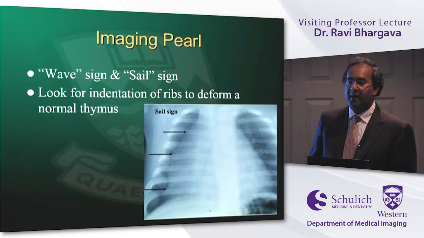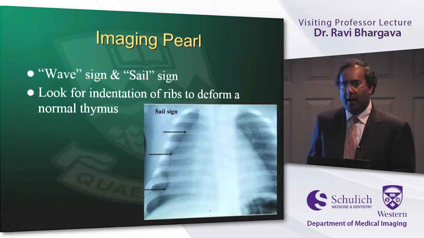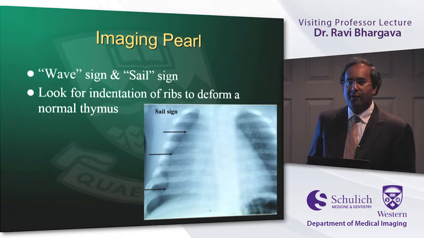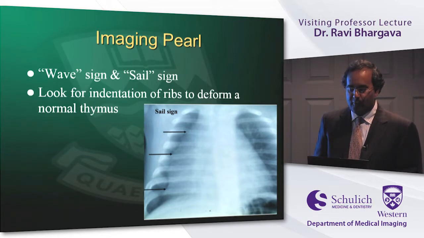Now, in some places, especially in adults, you use what's called a cardiothoracic ratio. That ratio actually has no value in pediatrics. There's such variation in the thymus, it can extend anywhere from the thoracic inlet all the way to the diaphragm. Therefore, that's really not a valid way of looking at radiographs.